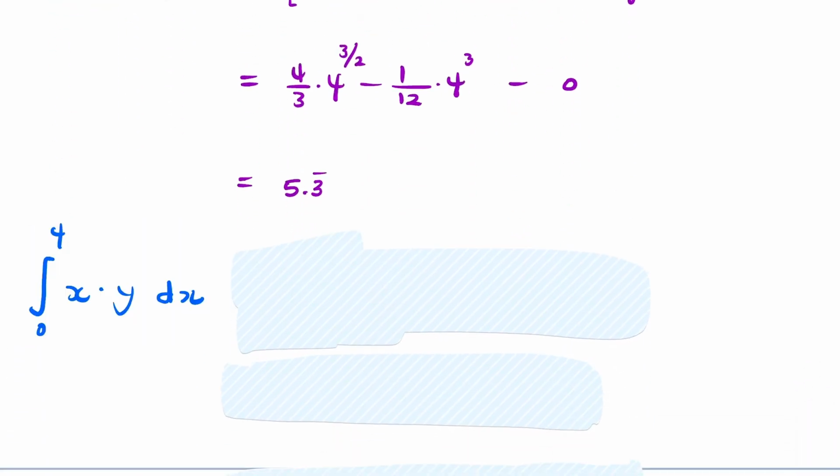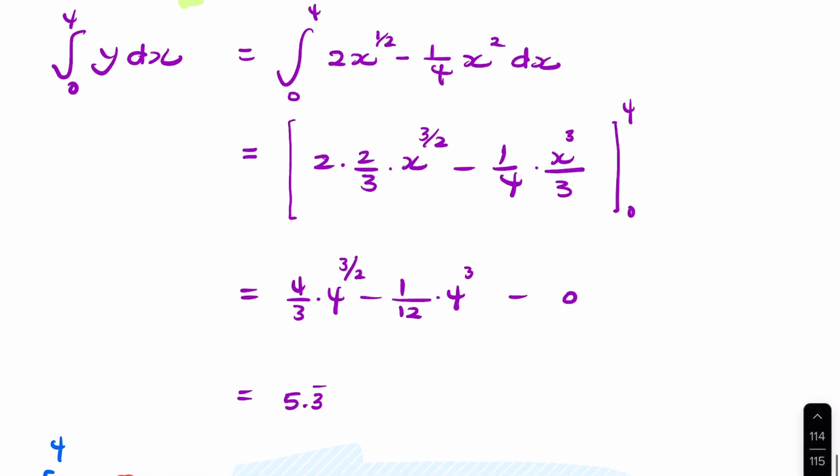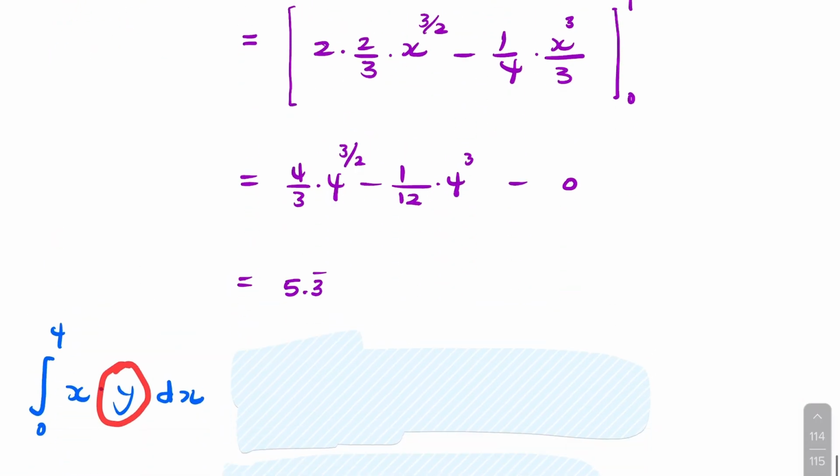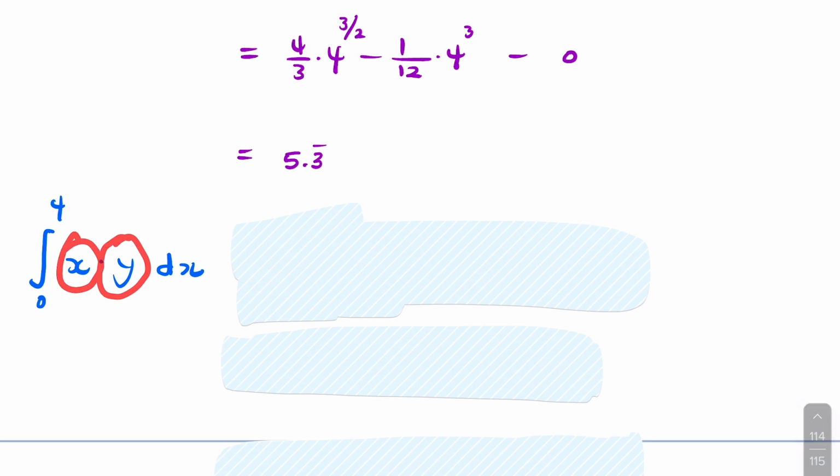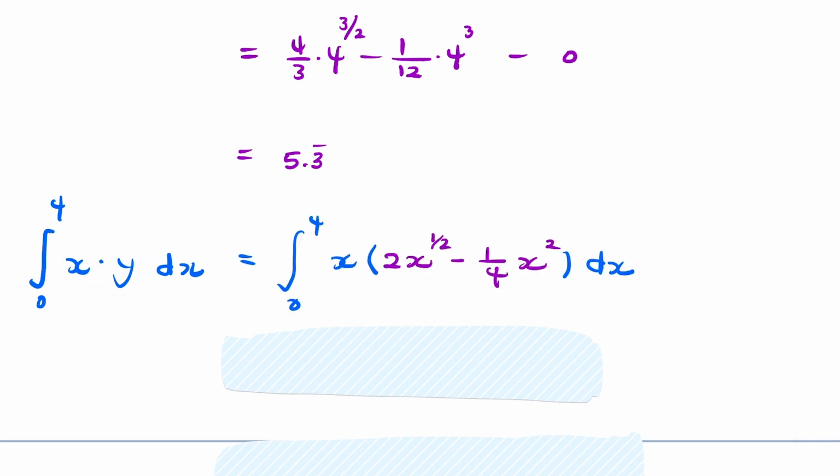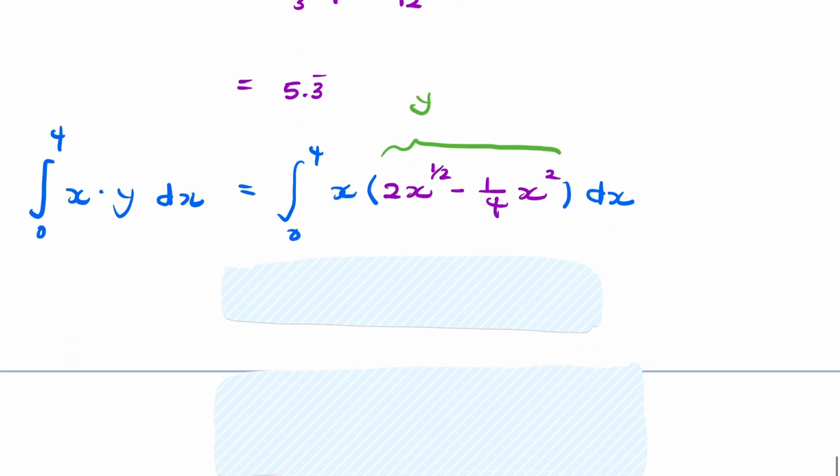So to find xy, we simply take y, which was this, and we multiply it by x. So that's x, and this part here is y. And before you start integrating, you need to multiply this by both terms.